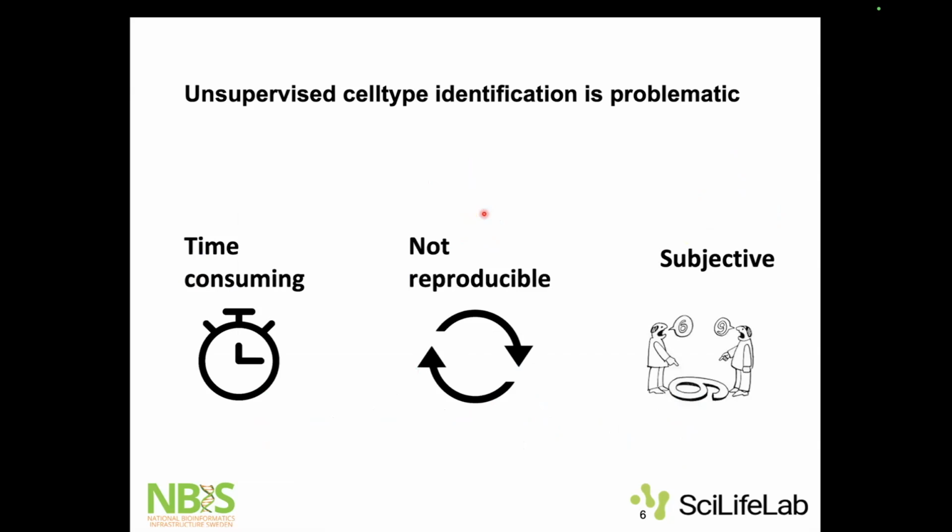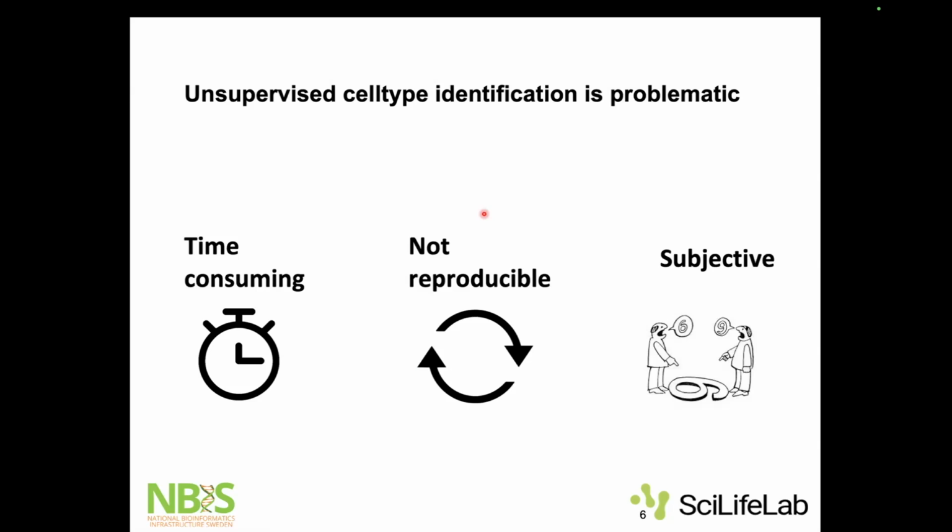That is, of course, time consuming. It is not reproducible. Sometimes two people can disagree on a certain level. Of course, you can agree on main cell types, but if you go to higher resolution cell type annotation with more subtyping, then people start to disagree. And also, it's subjective.